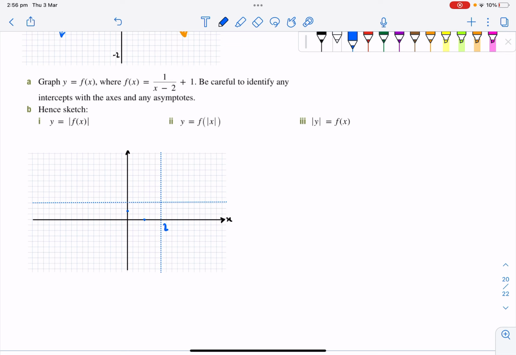This kind of tells me the shape. I do that just so I'm clear on what shape I'm drawing. And it tells me that the branches of the hyperbola, one of them's here, and the other one's there. If I can just draw this properly. There we go. And then the other one's up here.